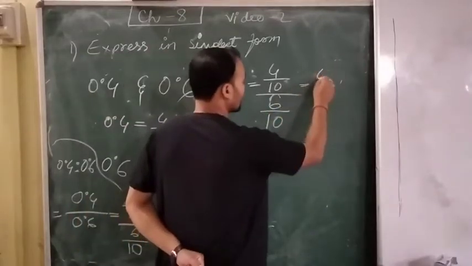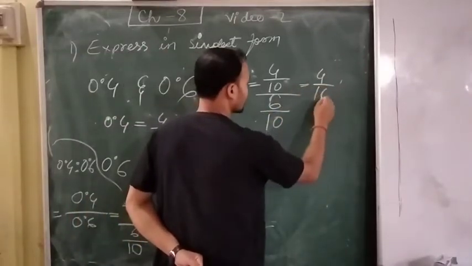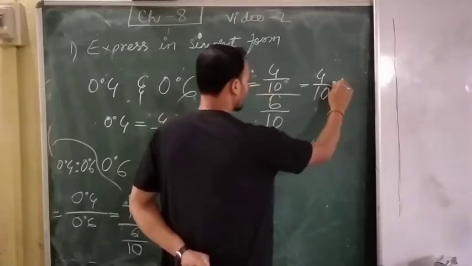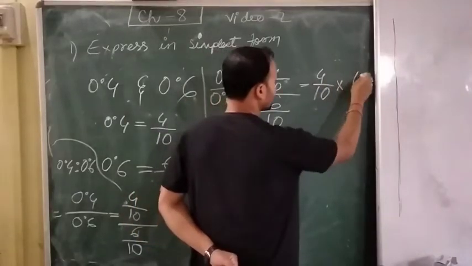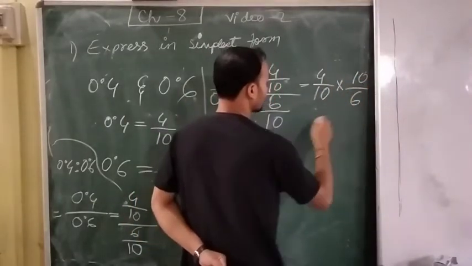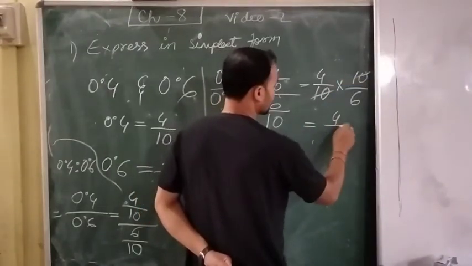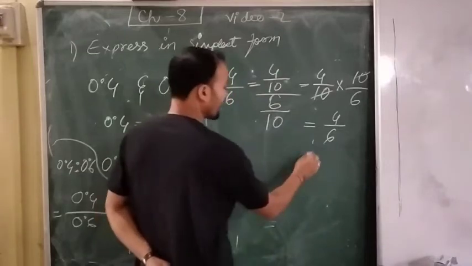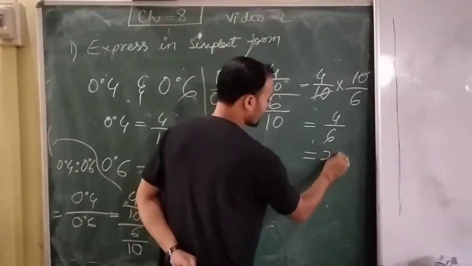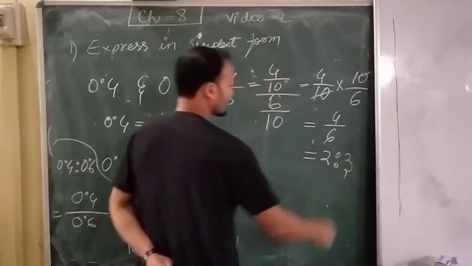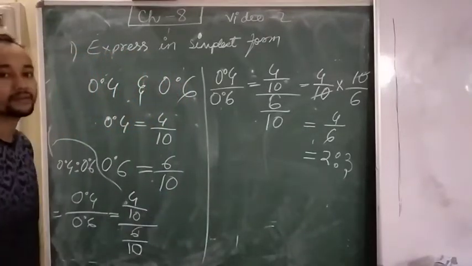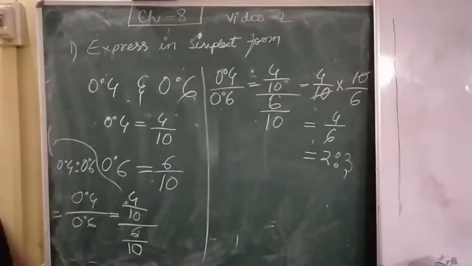It will be 4 by 10, it can be expressed as 10 by 6. The 10 and 10 cancel, only 4 by 6 remains. Fine. 4 by 6 is 2 by 3. There is no need of calculating the HCF. Simply do this.